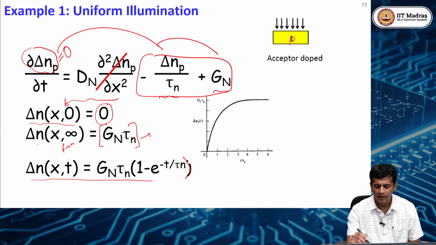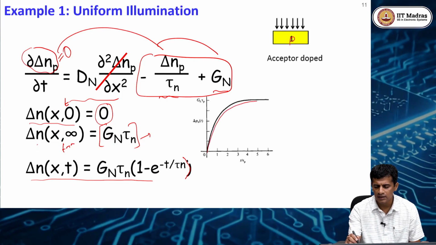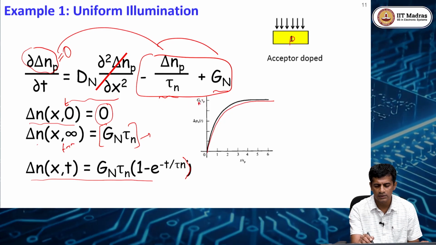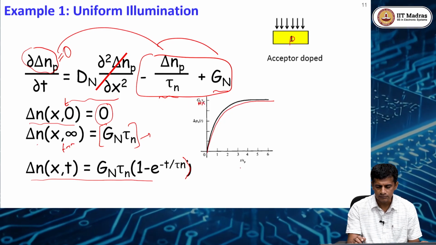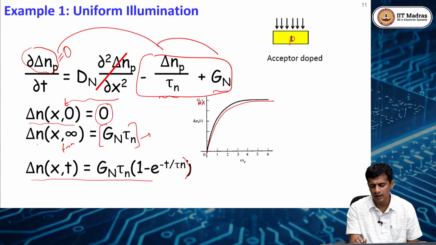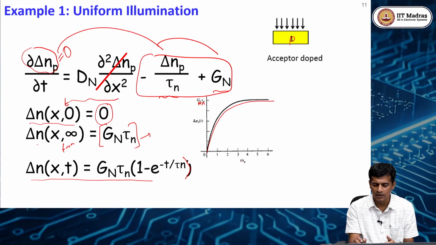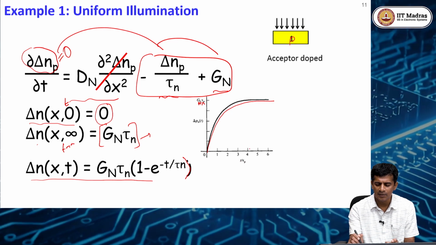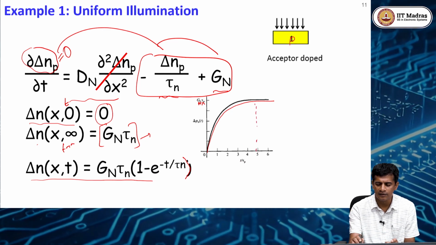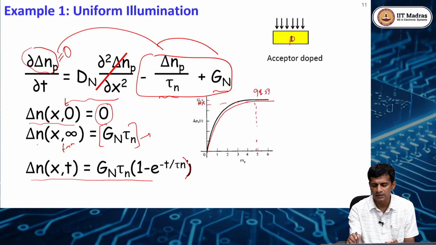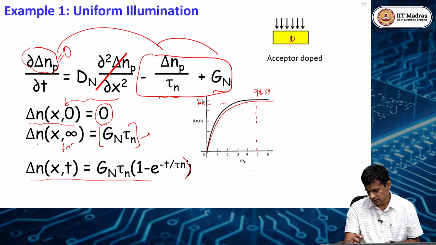You can see it increases and finally reaches a steady state value, which is nothing but Gn times tau n. And this is the time, as the number of lifetimes. You require only five time constants to reach almost 99.5% of the final value.